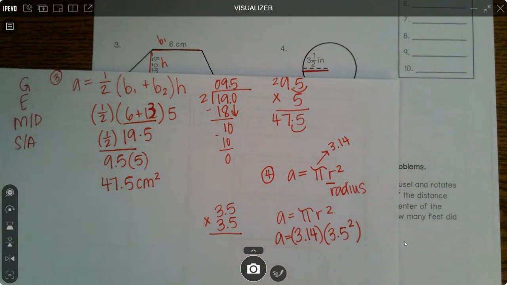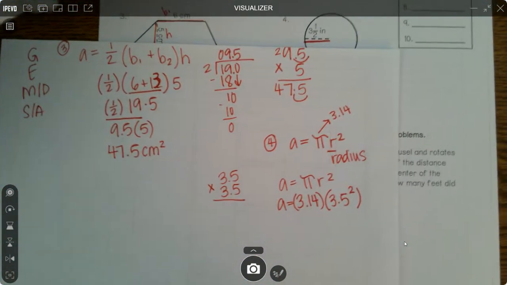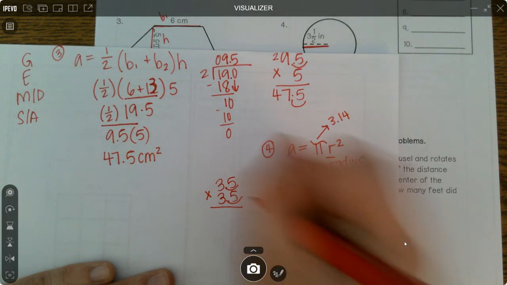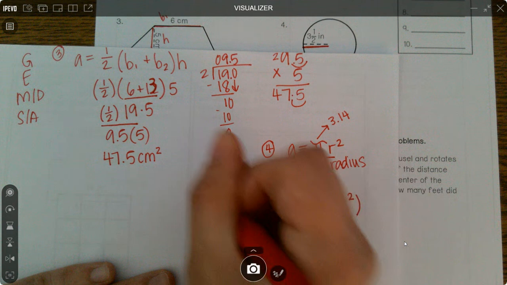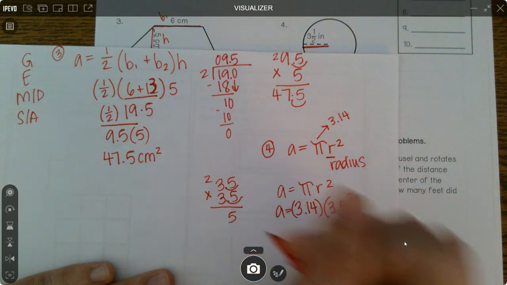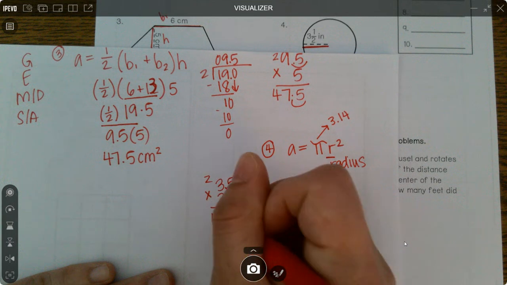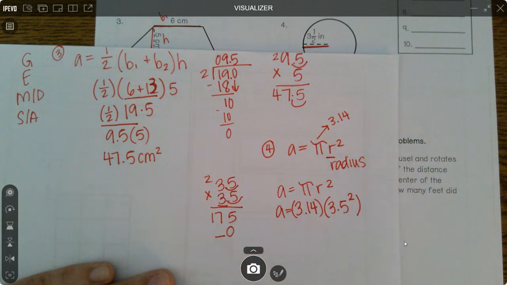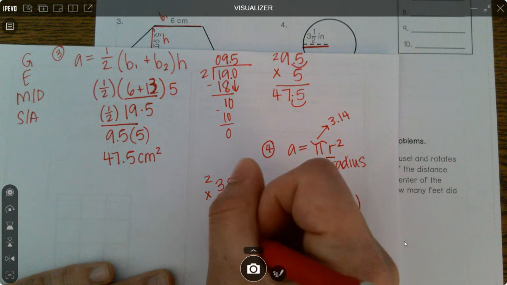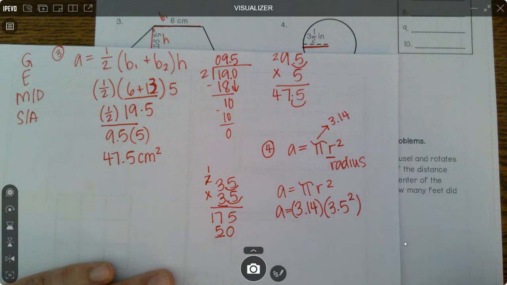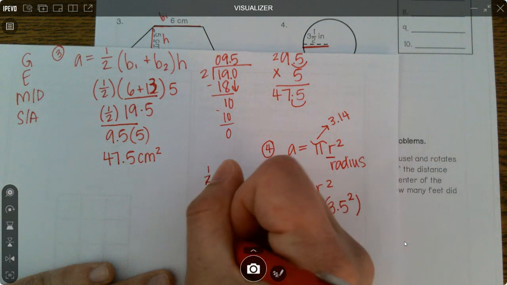All right, so when I come back to this problem, I have 5 times, shift out my decimals. I have 5 times 5 equals 25. 5 times 3 is 15 plus 2 is 17. Drop my placeholder, multiplying the tens place. 5 times 3 is 15. 3 times 3 is 9, plus 1 is 10.